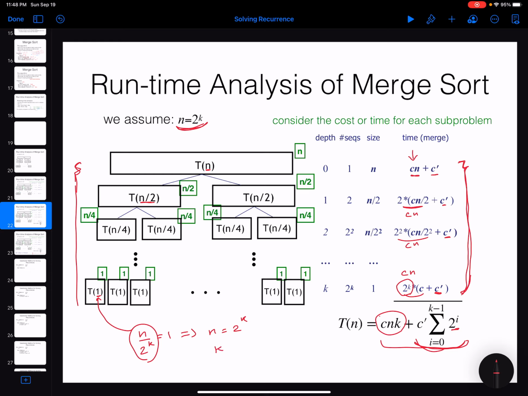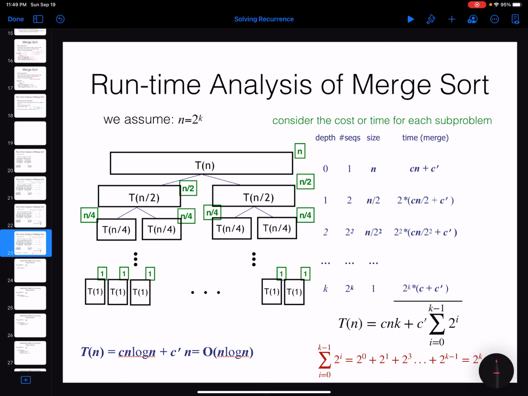So I can say that k will be the log of n in base 2. Okay, so now let's use this number to simplify this formula.